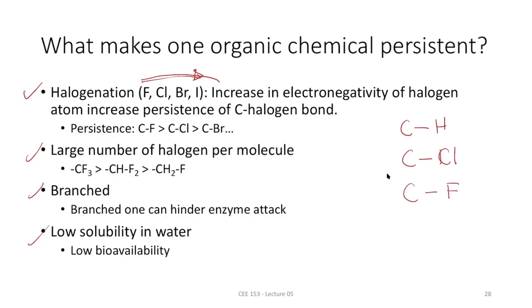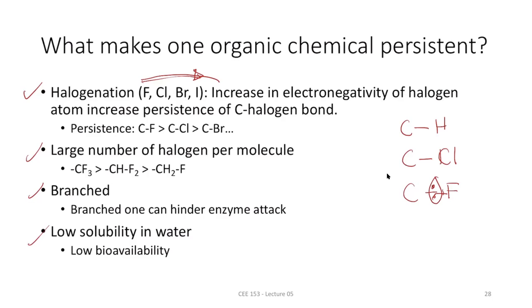In the periodic table, if you go left to right, electronegativity increases. Bottom to top, electronegativity increases. Fluorine is at the top right, so that's why it's very electronegative. Very electronegative means it has a very high affinity for electrons. So the shared electron is strongly bound to fluorine, the strongest bond, so it's very difficult to degrade.